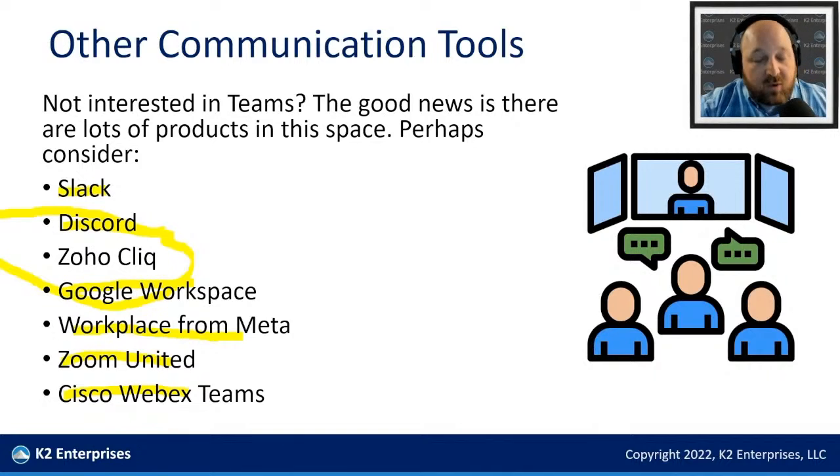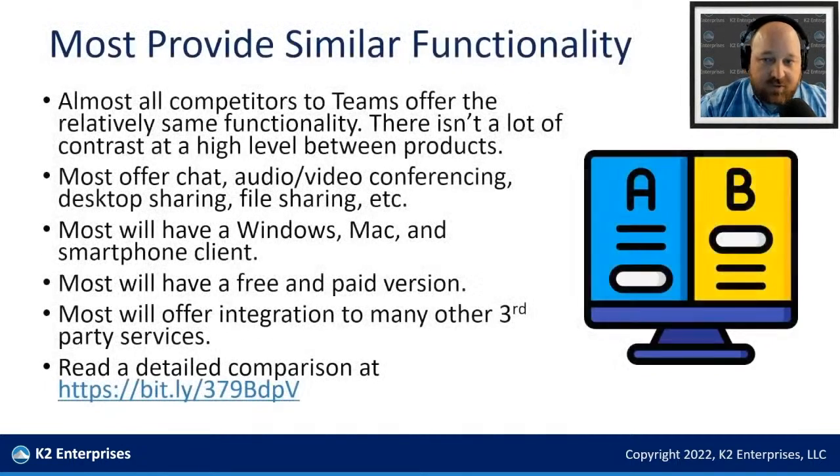Zoho Cliq is a really cool and useful communication tool there. But frankly, out of this, Teams is a no-brainer. Now, all these other tools, as I mentioned here, they all provide relatively similar functionality. There's really not a lot of contrast at a very high level, so there's no point diving into each of them. You can try them all out. They almost always have a free as well as a paid plan.